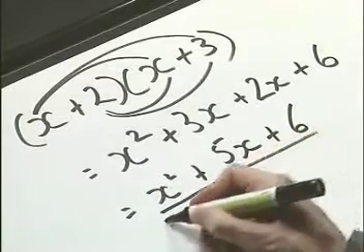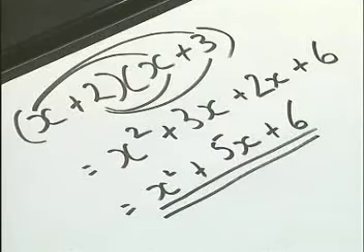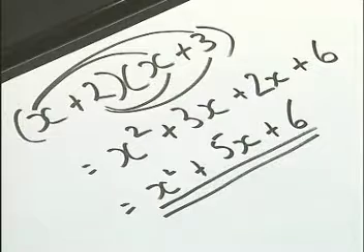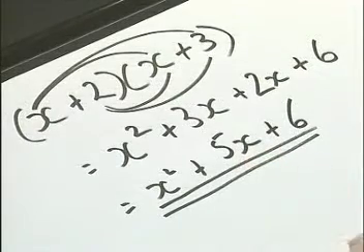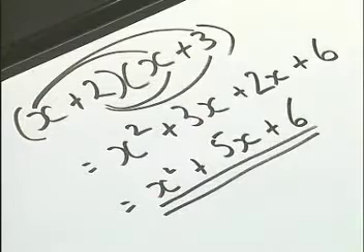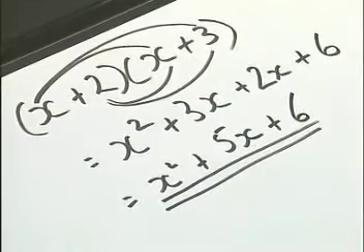And this is an example of a quadratic expression or quadratic function. It's got a term in x squared, which it must have to be a quadratic expression. It's got a term in x, which it might or might not have, and it's got a constant term. And there are no other possibilities.